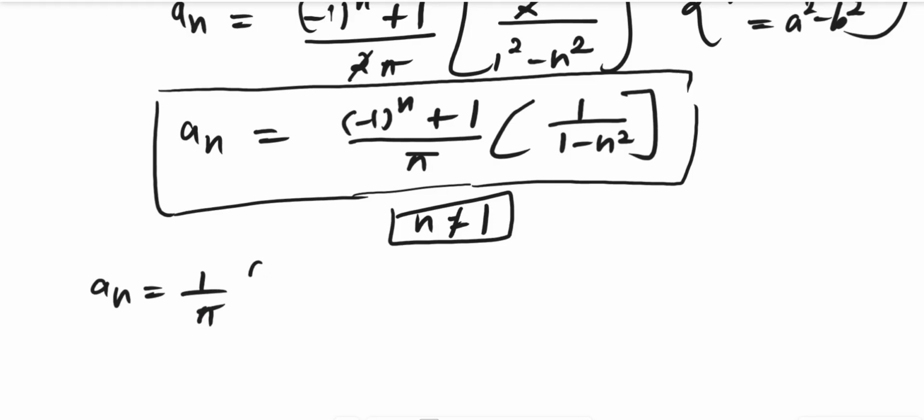It is 1 upon pi integration 0 to 2 pi f of x cos nx dx.